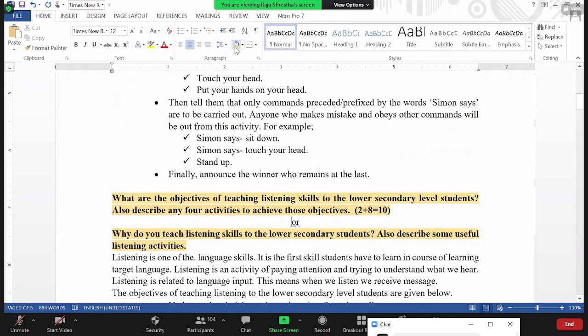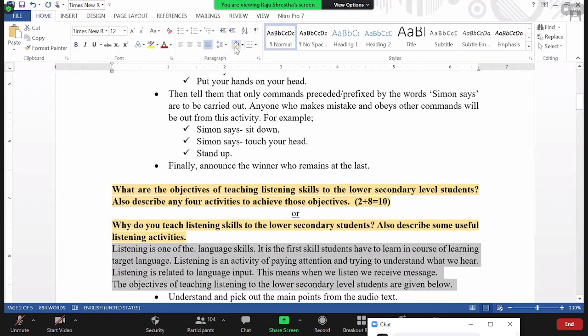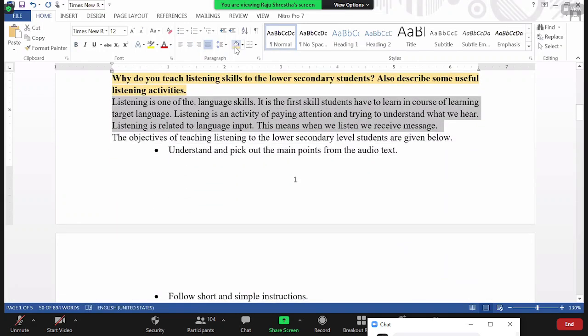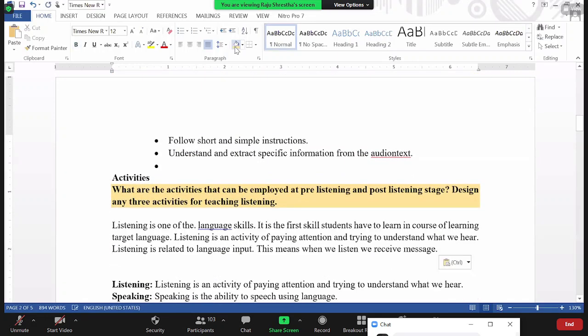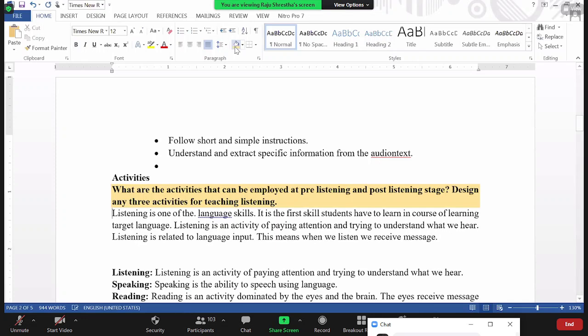So introduction part will be again the same, this is from the listening, same you write the beginning part. Then you go to another question like what are the objectives, what are the activities that can be employed.